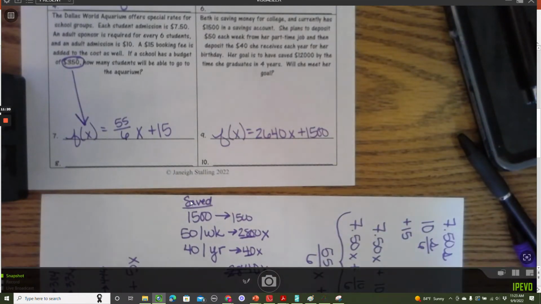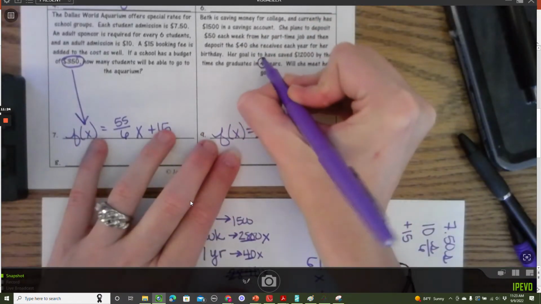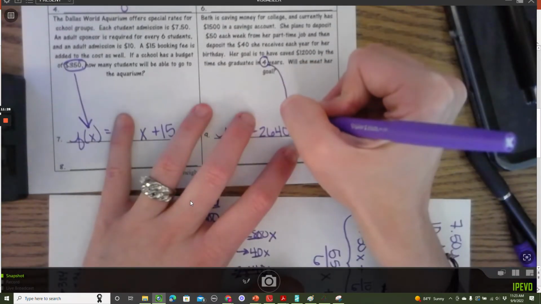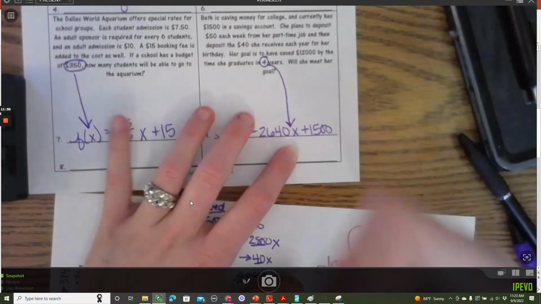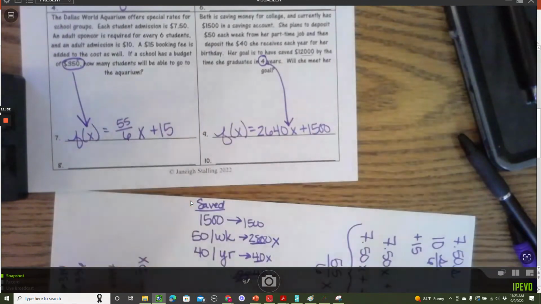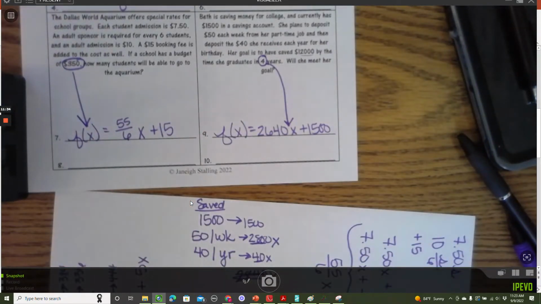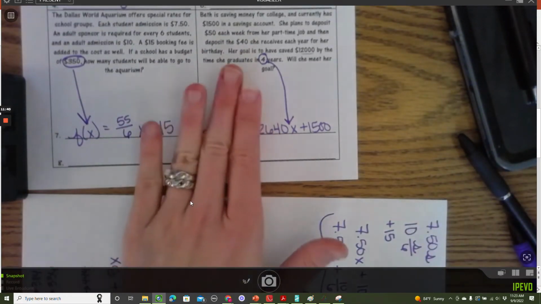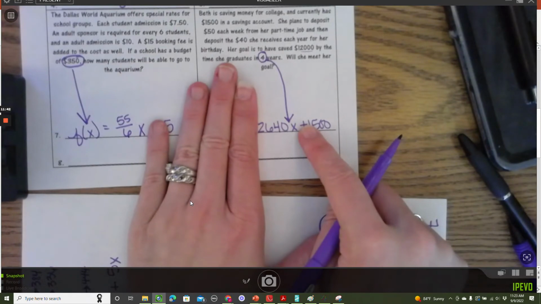It wants to know after 4 years. So in this equation, where would you plug the 4 in? So you're going to plug it in here. If your answer is greater than 12,000, your answer is yes. If your answer is less than 12,000, your answer is no. But this, you literally just type in the calculator.